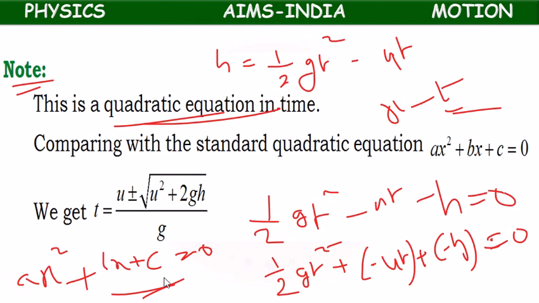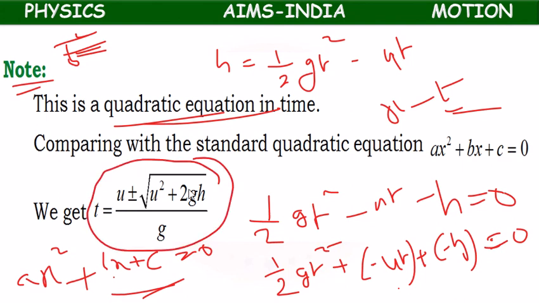Whose roots are x equal to minus b plus or minus root of b square minus 4ac by 2a. This is the quadratic equation formula.